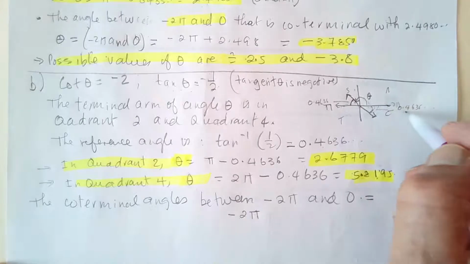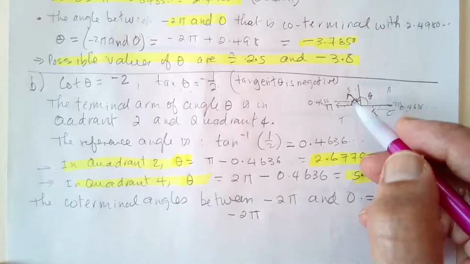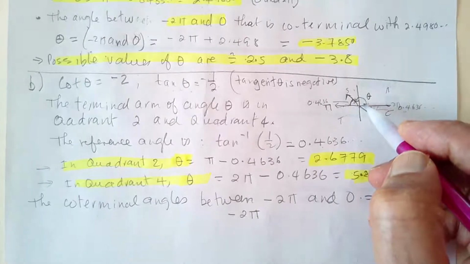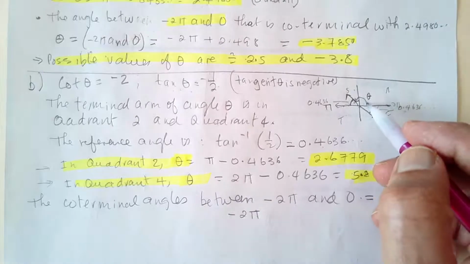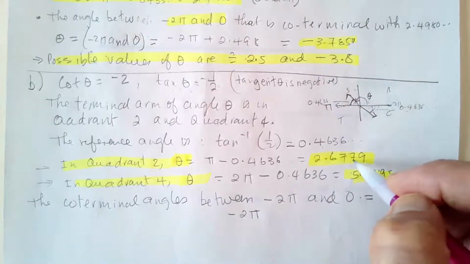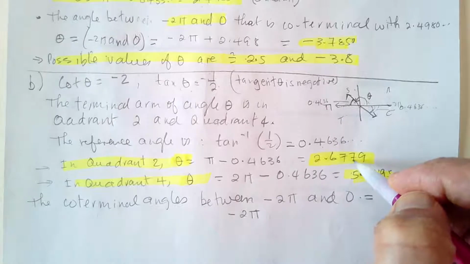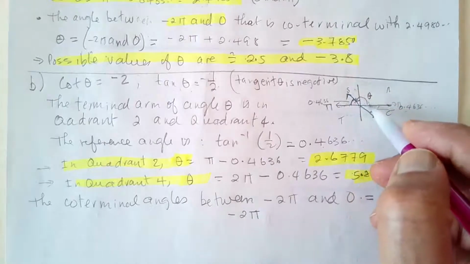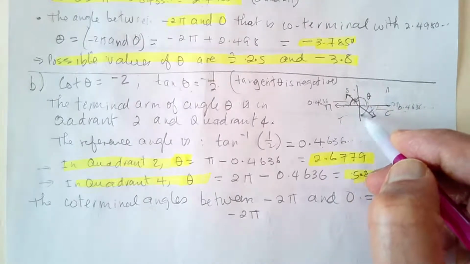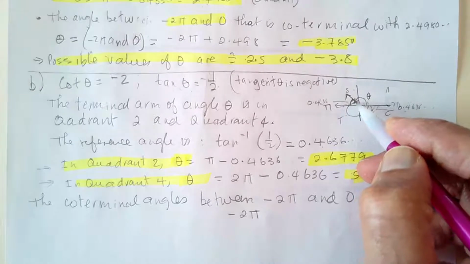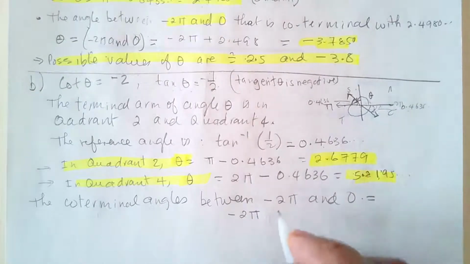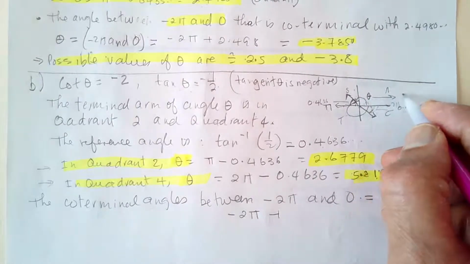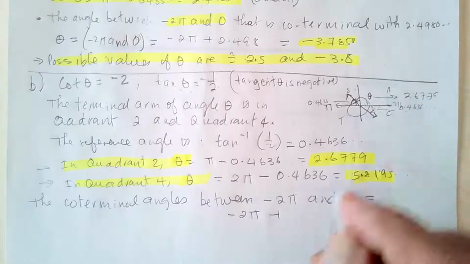We know this is in quadrant 2. Let's find the first one here. We know the angle theta here is 2.67. So from here to here is 2.67. Now to find the angle from 0 going to negative 2 pi, it will be negative 2 pi plus this measurement here, which is 2.6779.